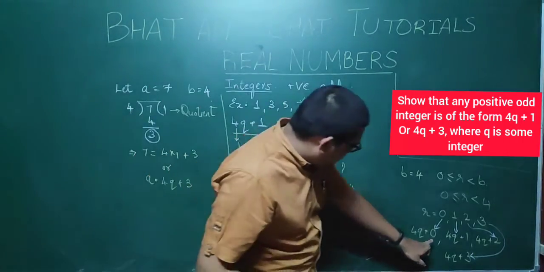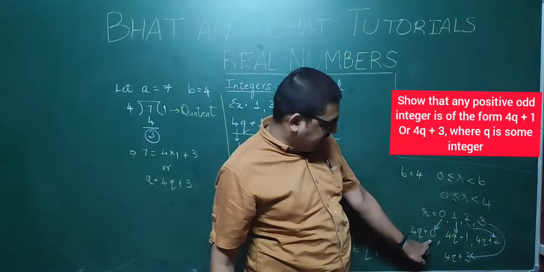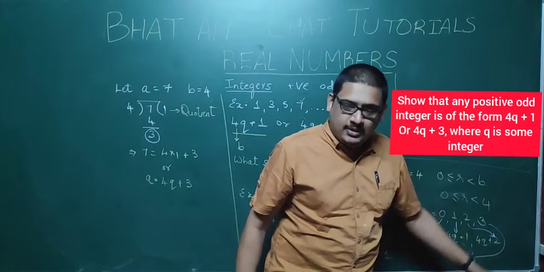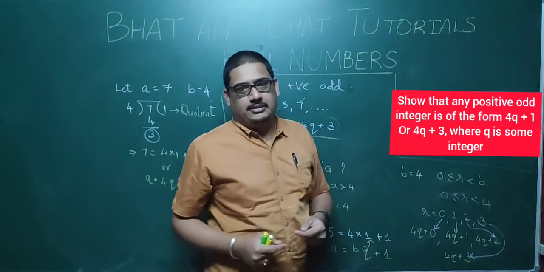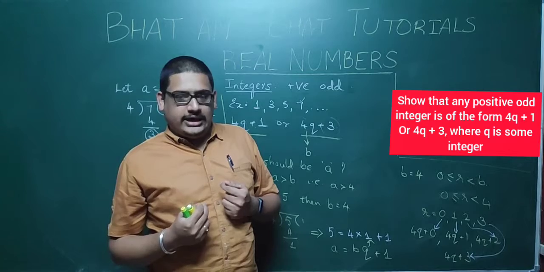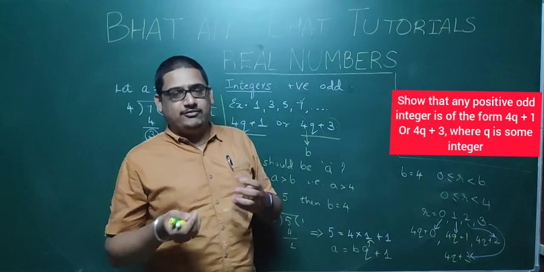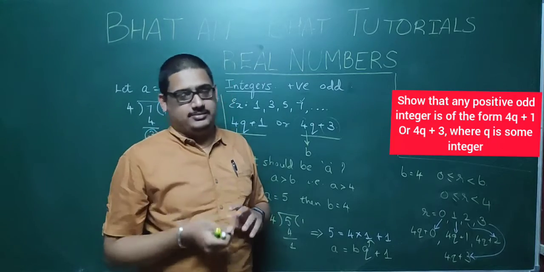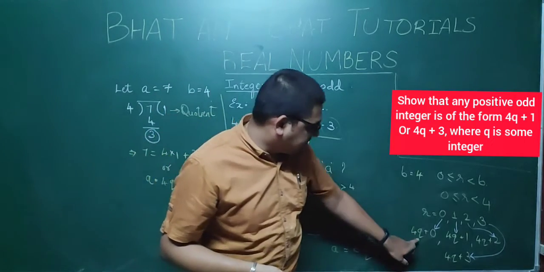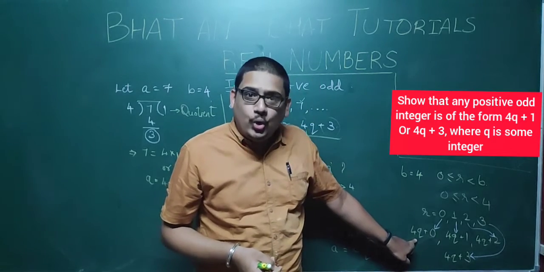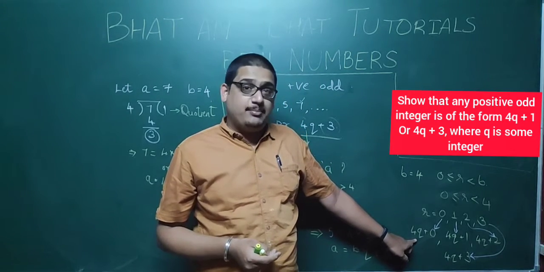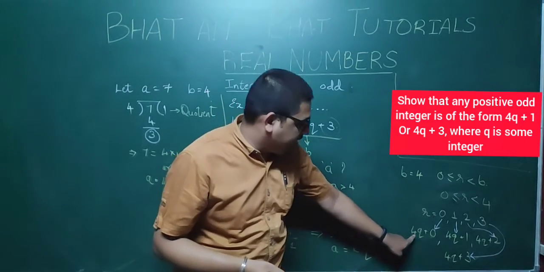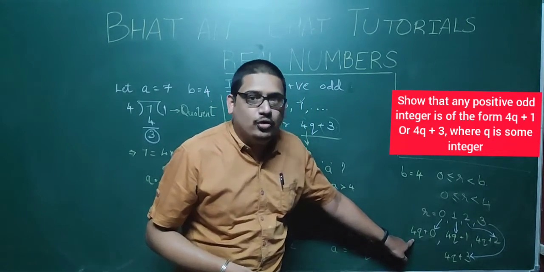So any number having 0 or 2 added will get converted to an even number. Let's understand this again with an example. Let me give an odd number, 5. You add 2 to that, it becomes 7, which is an odd number. Now, is 5 a multiple of 4? No. So I have to take an example where it is a multiple of 4, because I have q multiplied by 4.